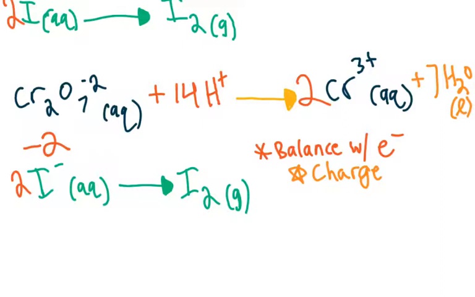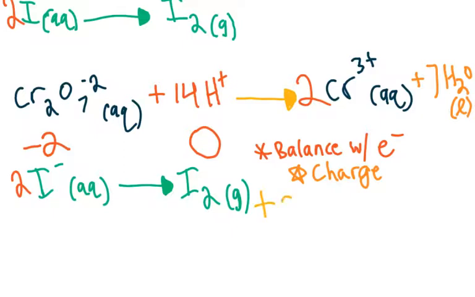Look on the right side: we don't have any formal charge on iodine gas, so our total charge on this side is just 0. Now to balance this out, we have to add electrons to balance the charge. So we're just going to add 2 electrons on the right side. Let's see what it's going to do.